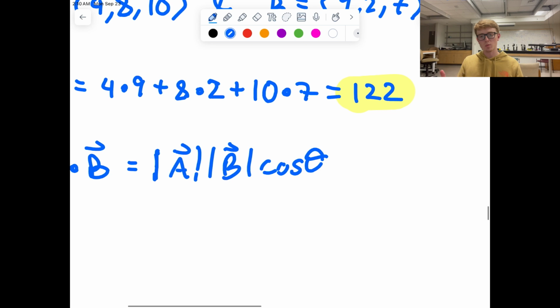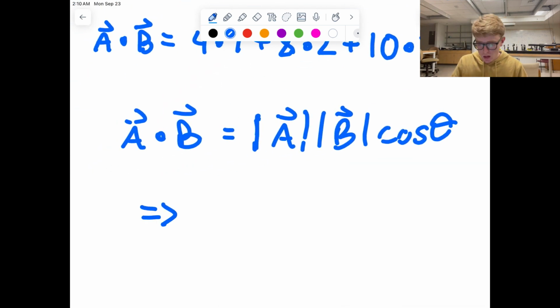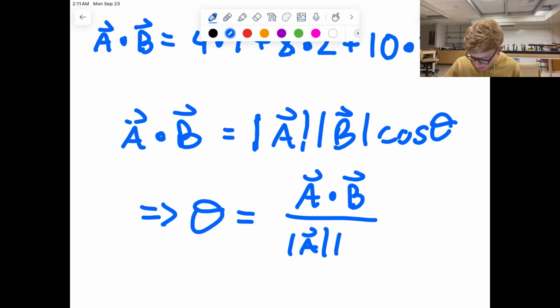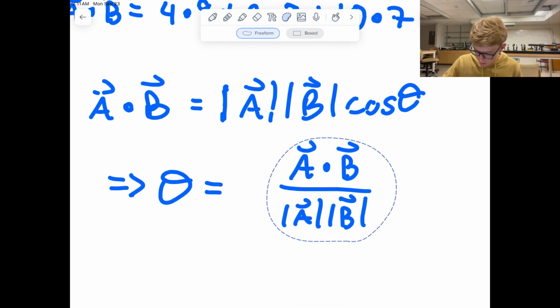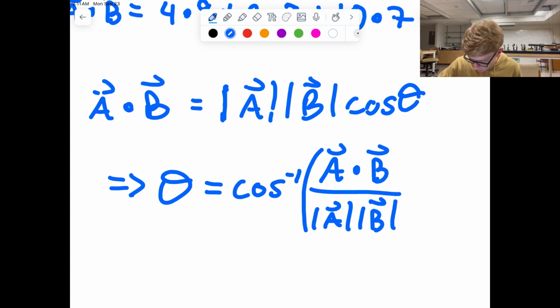And that is theta, which is what we want to find. So let's isolate theta. If we isolate theta, we're going to get A dot B divided by magnitude of A times magnitude of B, and all of this is going to be the argument for arc cosine. Okay, so this is theta.